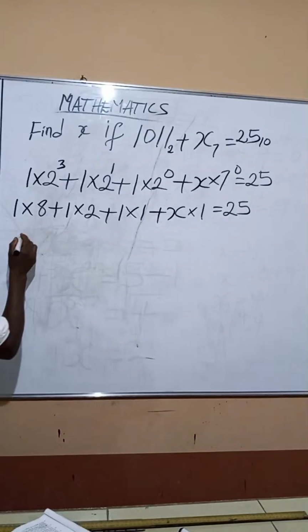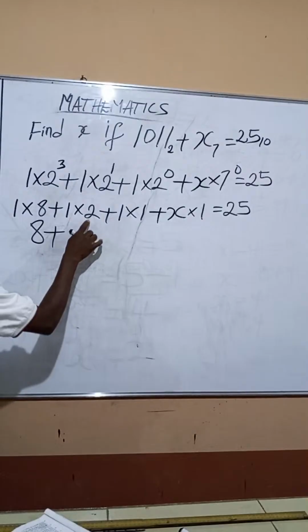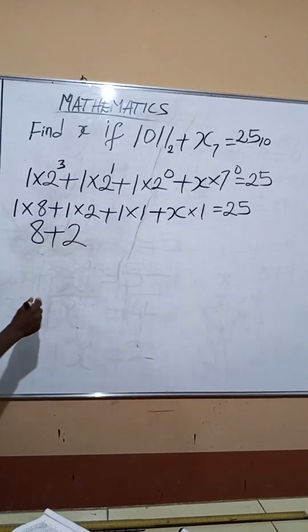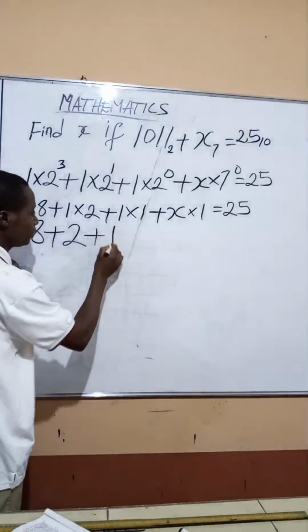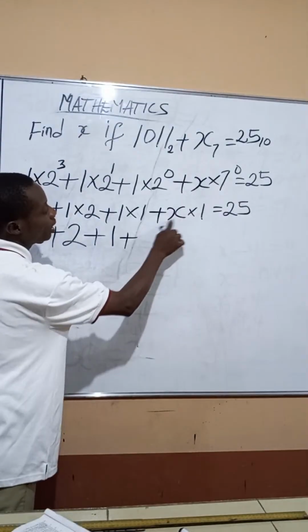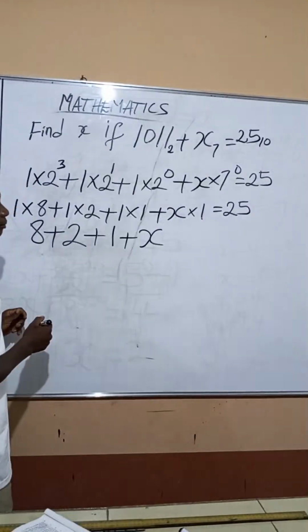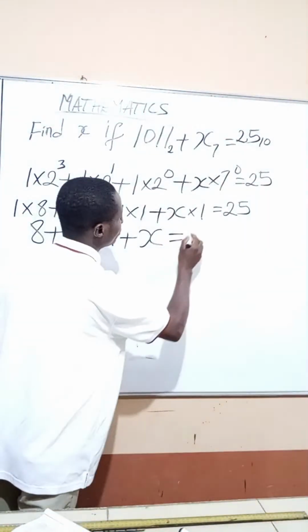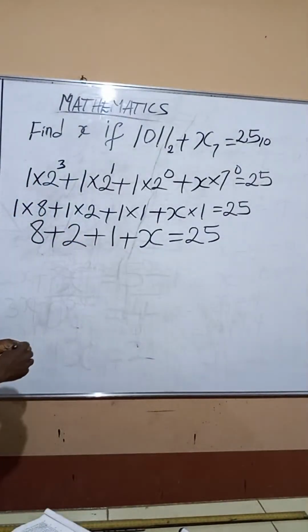So 1 times 8 is simply 8 plus 1 times 2 is also here as 2, then plus 1 times 1 is 1, then plus x times 1 is x, and this is equals to 25.